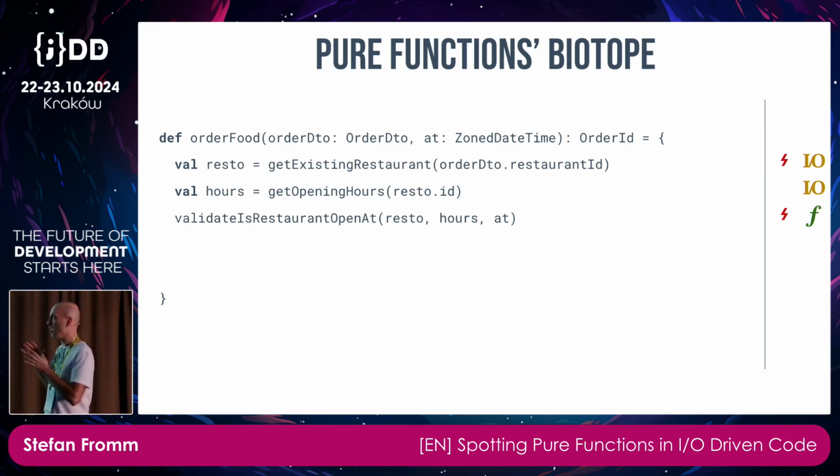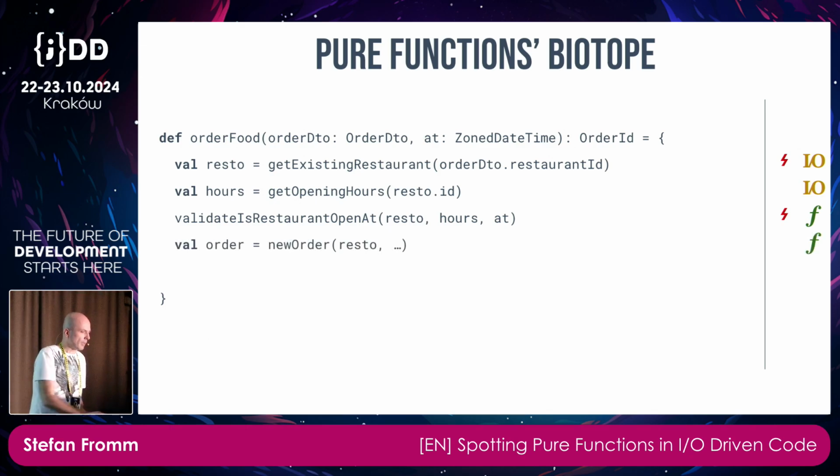Inside this method for validation, I will call the pure function that I separated out to another place, and I add some logic. I use it in an if statement. If it's not open, I throw an exception. Now, we make up a new order. Everything is validated.